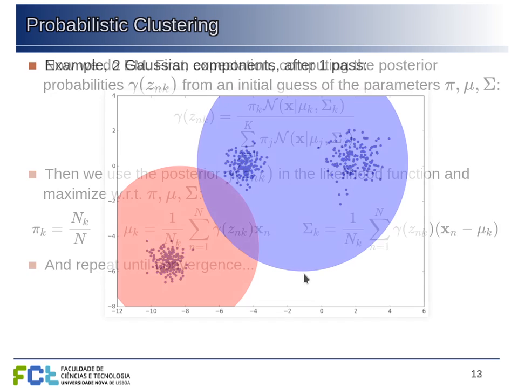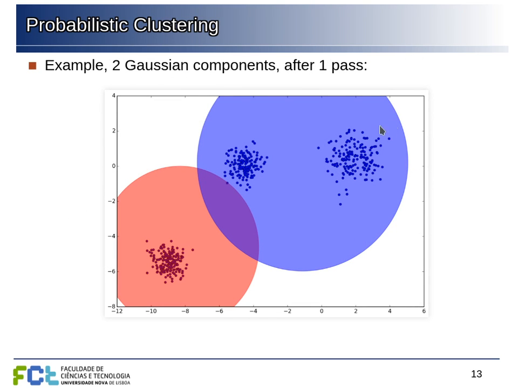To illustrate this, suppose that we have this data set, all of these points here, and we are computing a Gaussian mixture model with two Gaussian components. This is after the first pass. We started with some random set of parameters.